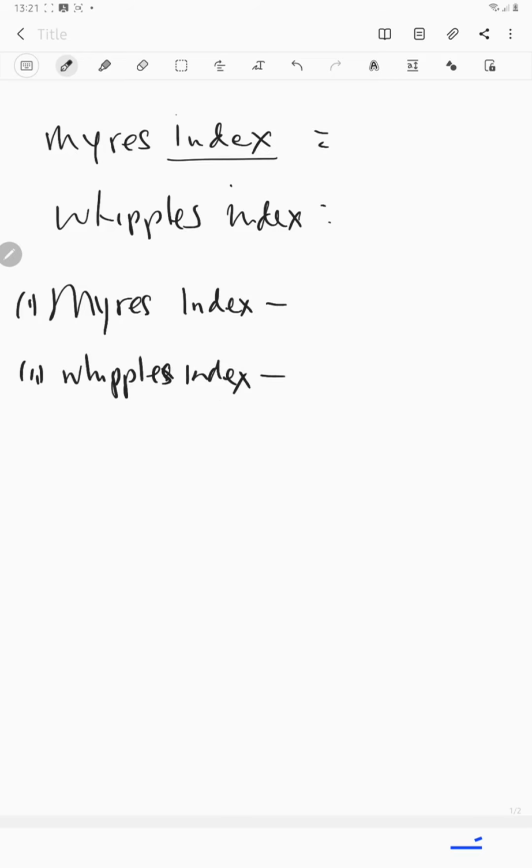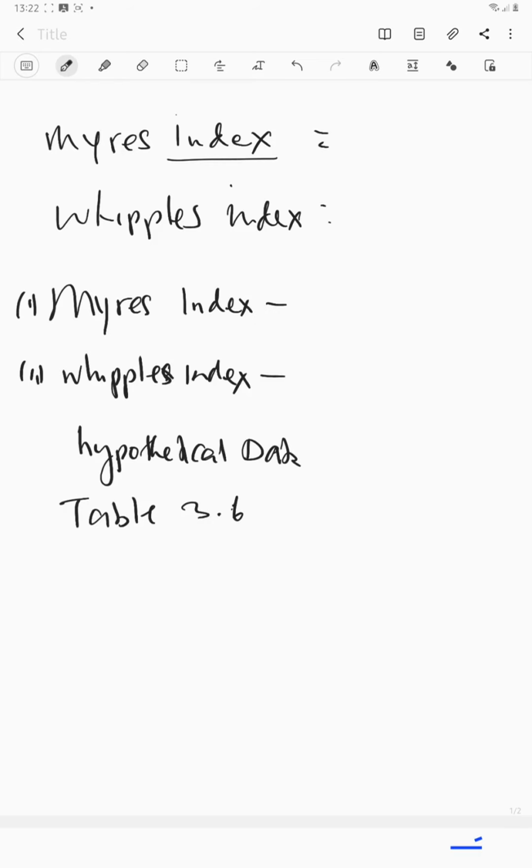When you do that, I want you to use hypothetical data, similar to the one explained in table 3.6 and similar to the one represented in table 3.3.